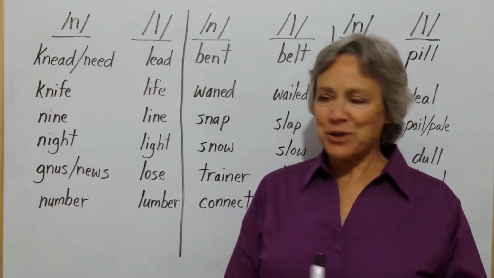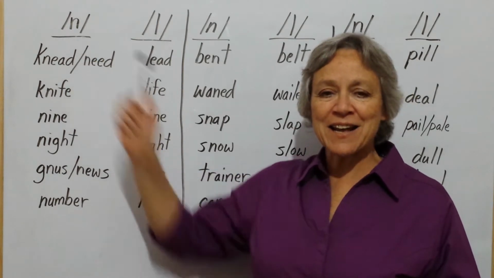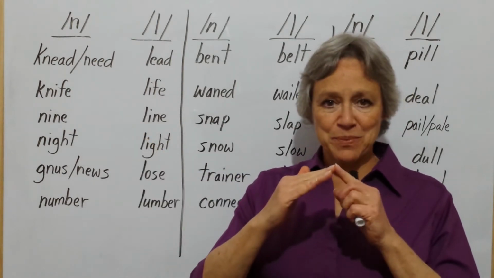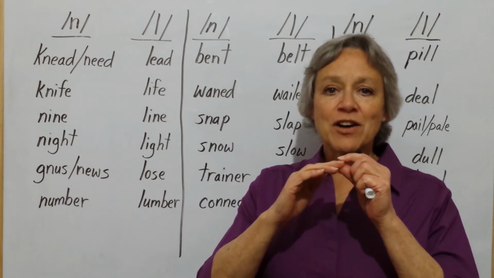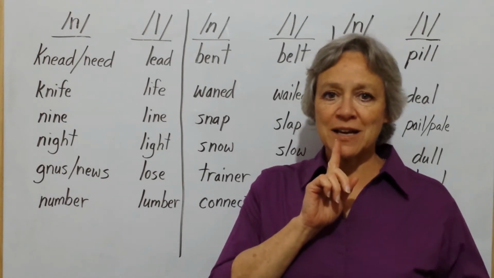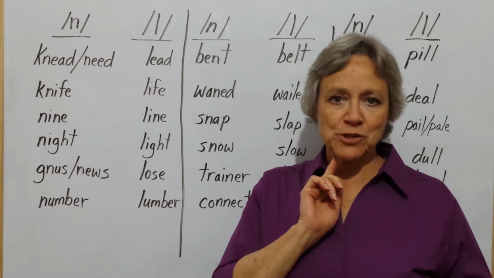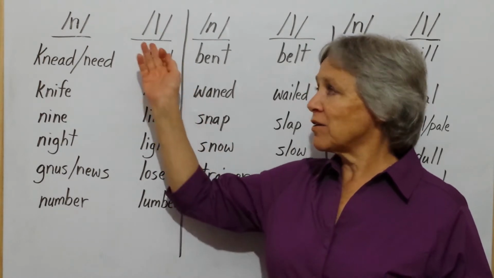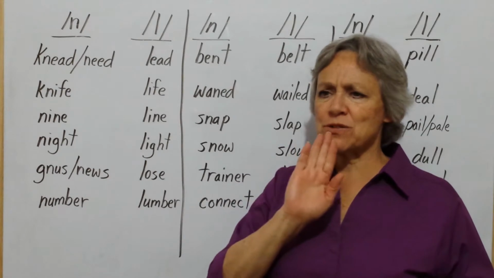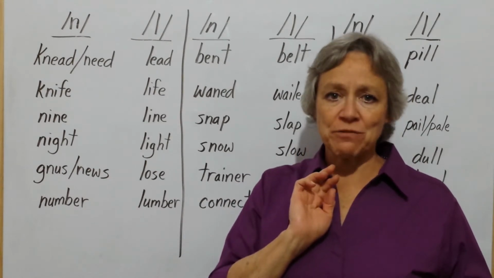Okay, so if you remember, I said for n we put the tip and a little bit of the front of our tongue pressed lightly but firmly on the ridge behind our upper teeth. We do the same thing for O. We just really touch lightly on that ridge.